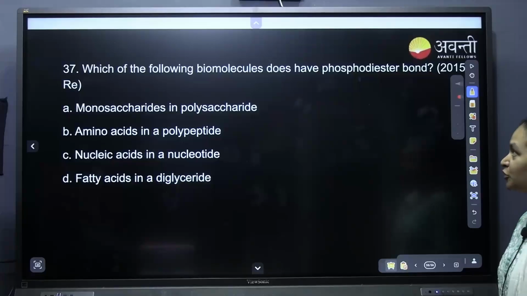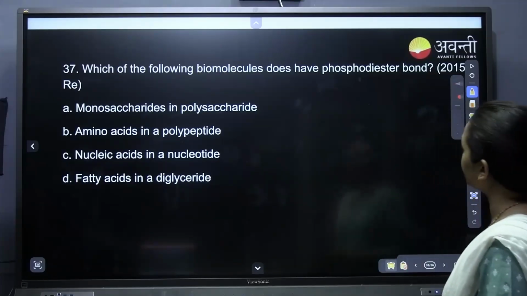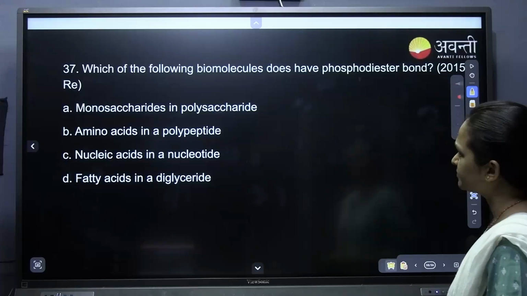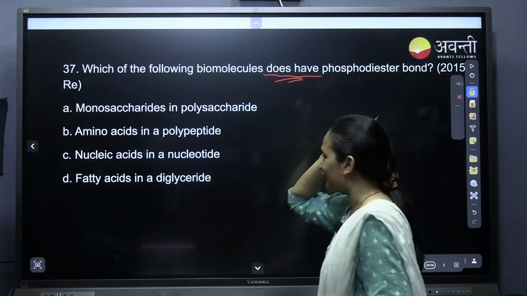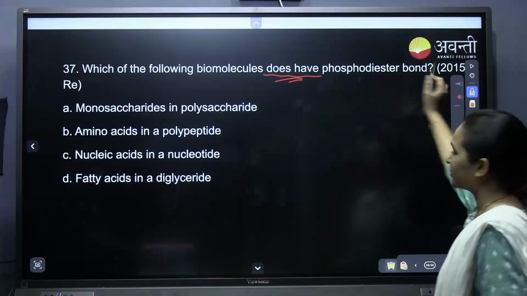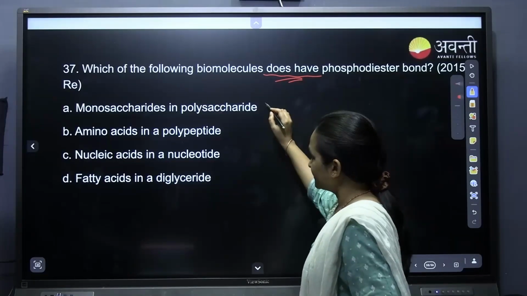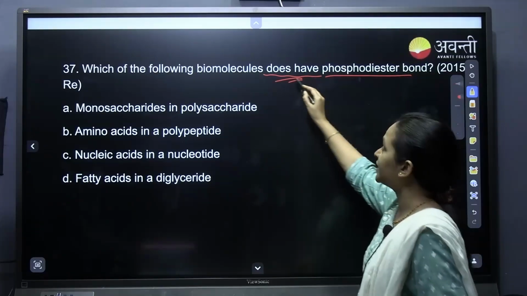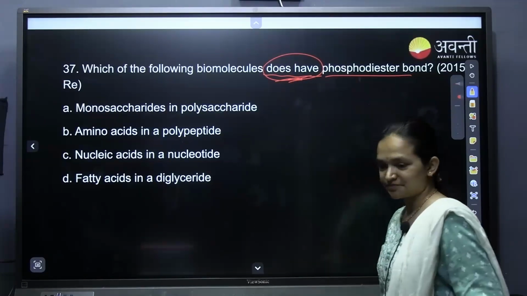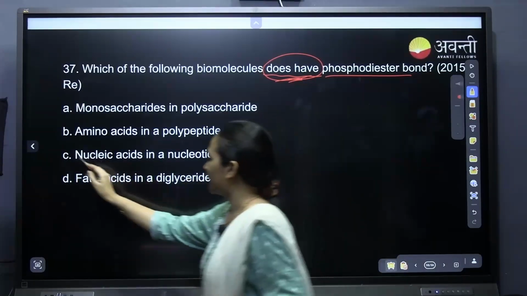Which of the following biomolecules does not have a phosphodiester bond? Tell me. Oh, sorry, does have. I'm really sorry. Which of the biomolecules does have the phosphodiester bond? Option C. Very good.